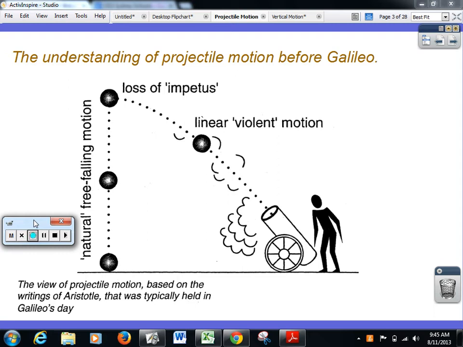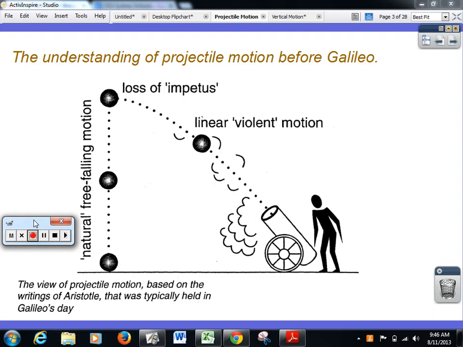And then what the cannon would give it, or the trebuchet, the launch, the slingshot, would give the cannonball, or whatever is projected, impetus. And impetus was the word that they used. Impetus is just a Latin word for force, okay? Or, well, what we now use the word impulse for. That's where we get the word impulse from.